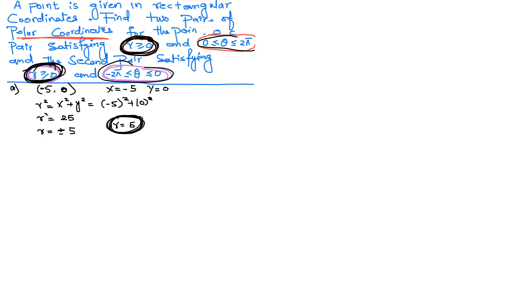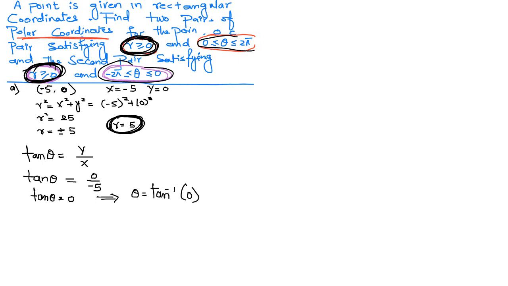How will we find theta? We have a formula that tangent theta is equal to y over x. Tangent of theta is equal to y, which is 0, over x, which is minus 5. It means tangent of theta is equal to 0, which implies theta is equal to tangent inverse of 0.